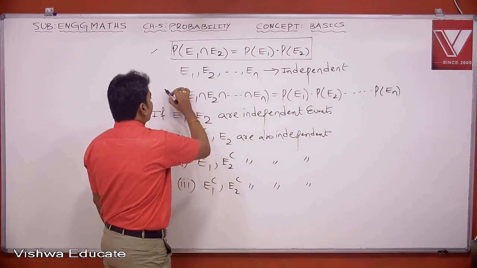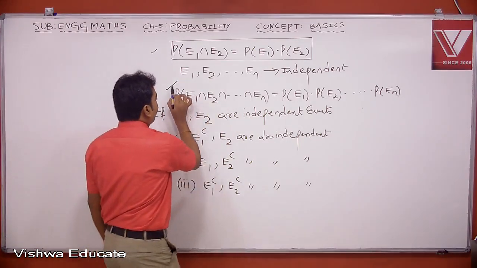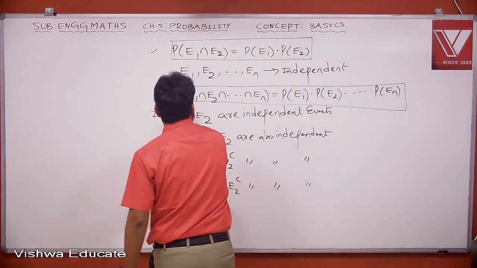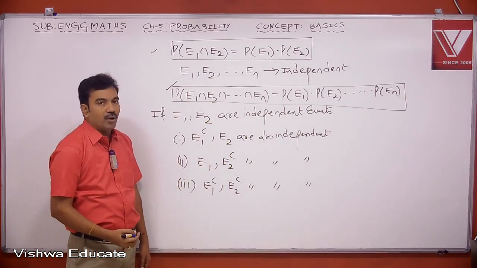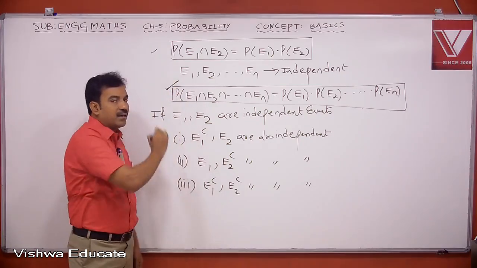Next, you can write this. This is for general n independent events. So P of E1 intersection E2 intersection and so on intersection En equal to P of E1 dot P of E2 dot and so on P of En. This is a generalized property for n independent events.